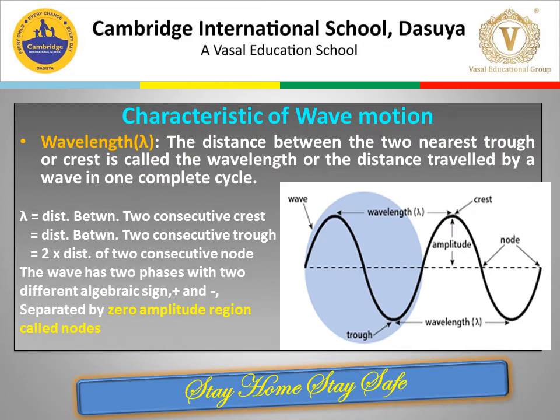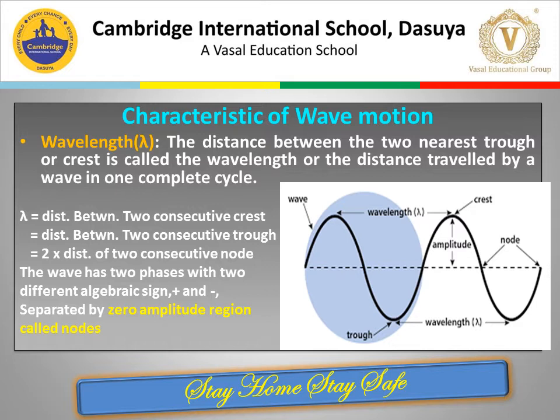Let us discuss the characteristics of wave motion. First we'll discuss wavelength. Now what is this wavelength? The distance between the two nearest troughs or crests is called the wavelength, or the distance traveled by a wave in one complete cycle is the wavelength.